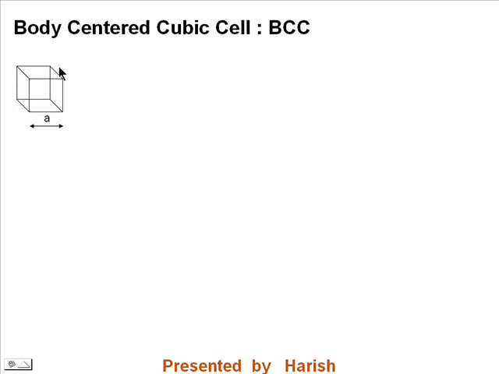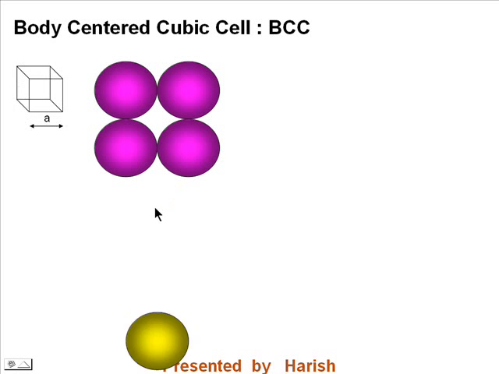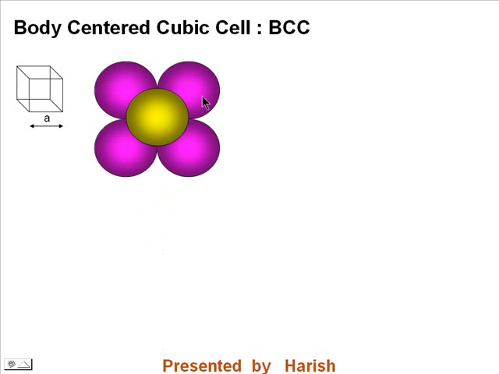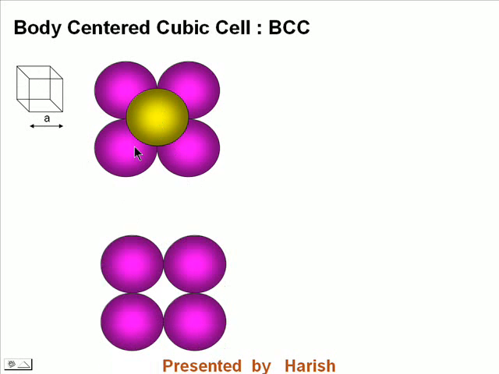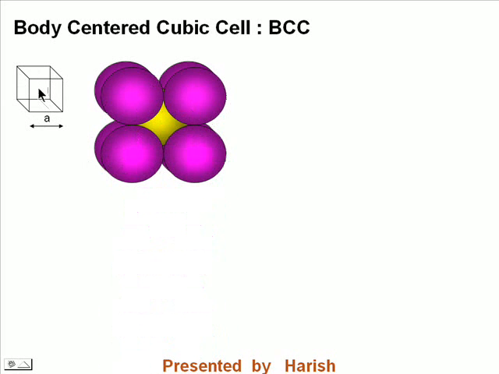It has 8 corners. You have 8 spheres at the 8 corners and 1 at the center of the cube. So these red colored spheres are at the corners of a face, and over it I have placed a sphere which will come in the center of the cube.